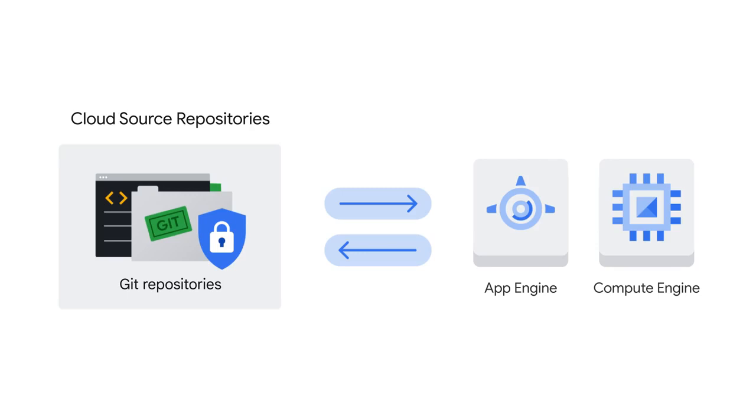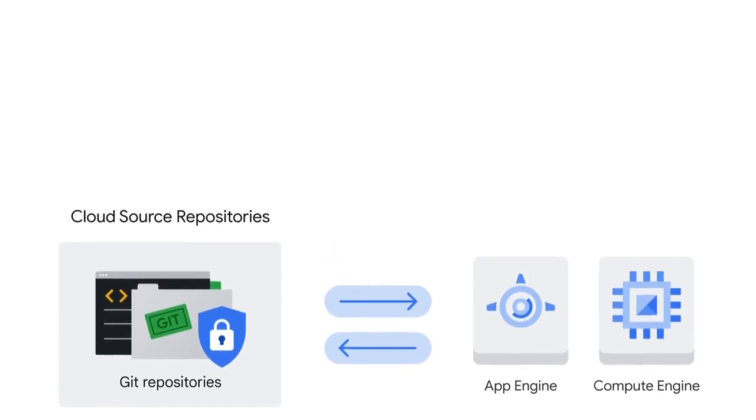Cloud Source Repositories provides full-featured Git repositories hosted on Google Cloud that support the collaborative development of any application or service, including those that run on App Engine and Compute Engine. With Cloud Source Repositories, you can have any number of private Git repositories. This allows code associated with a cloud project to be organized the way you choose.